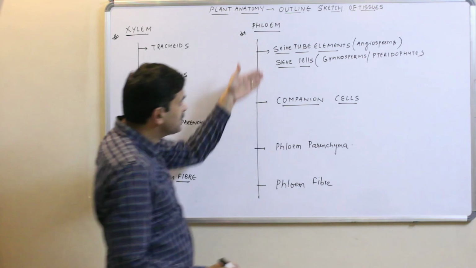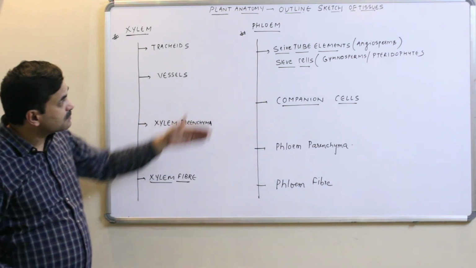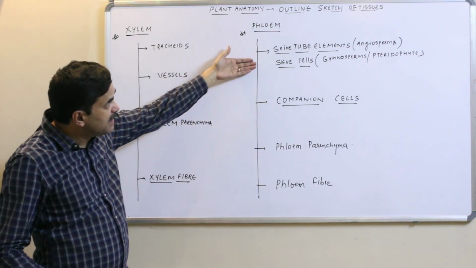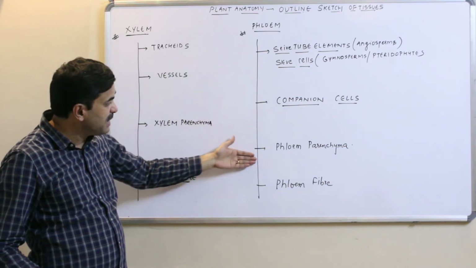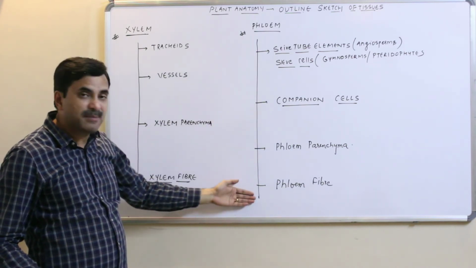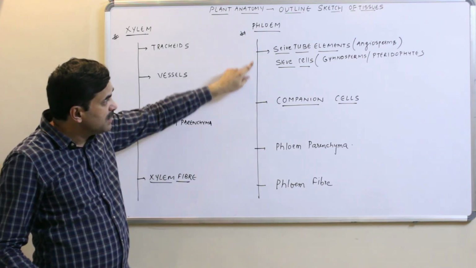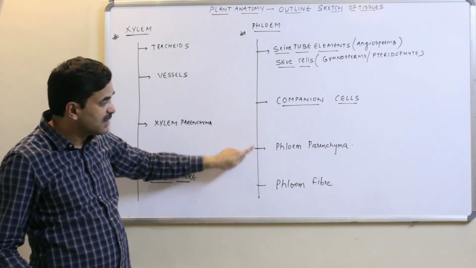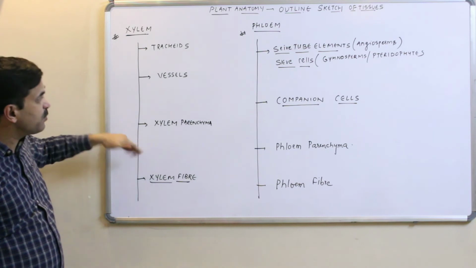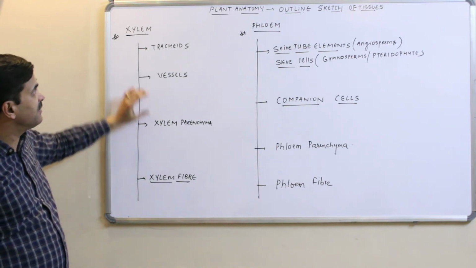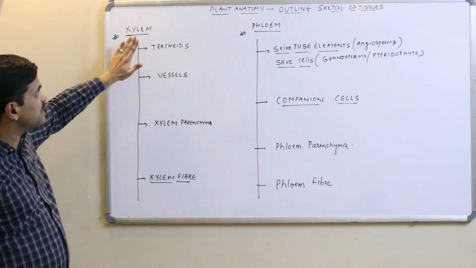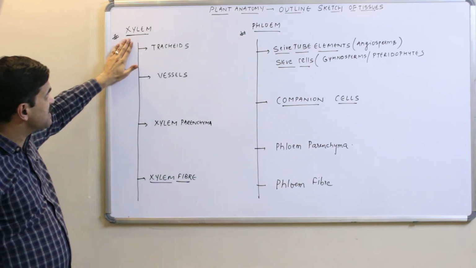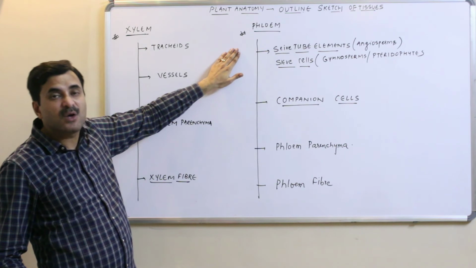Now out of these four cells, the sieve tube elements or sieve cells are living, companion cells are living, phloem parenchyma is also living, but phloem fiber is dead. So in the phloem, three components are living, one is dead. Here in the xylem, three components are dead, one is living. So these are the types of complex tissue: one is known as the xylem, another is known as the phloem.